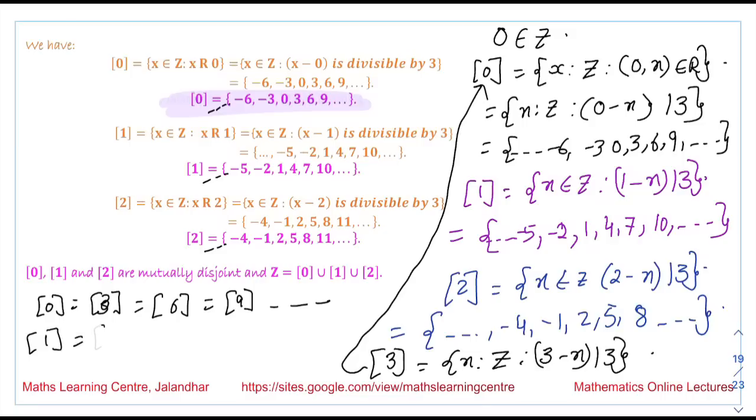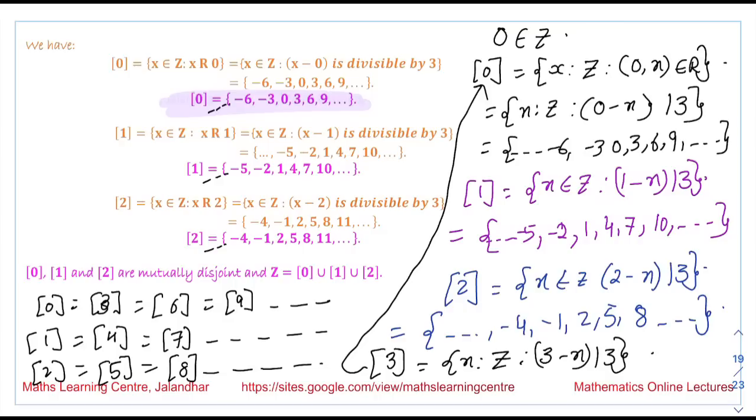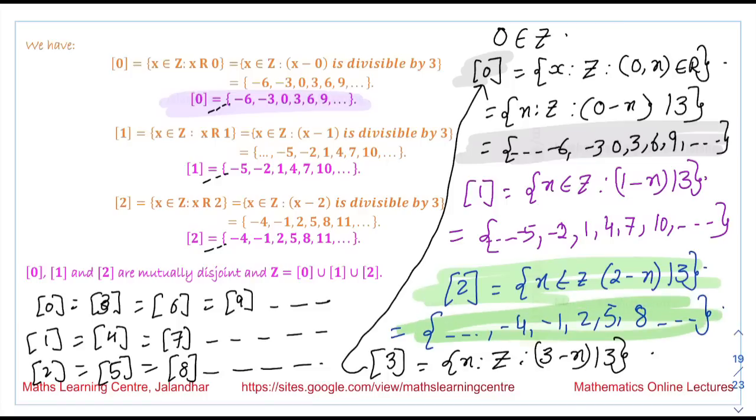Equivalence class of 1 will be equal to equivalence class of 4, equal to equivalence class of 7 and so on. Equivalence class of 2 will be equal to equivalence class of 5, equivalence class of 8 and so on. Next we have equivalence class of 0, its intersection with equivalence class of 2. Its intersection with equivalence class of 2 is empty.